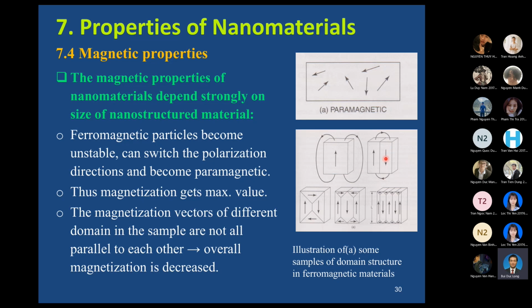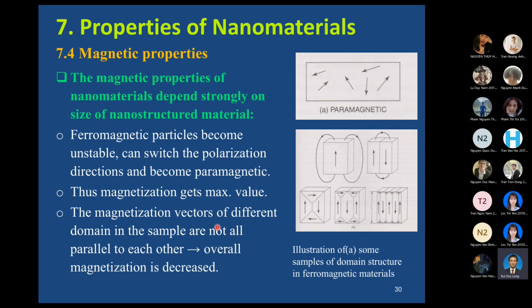So it is very difficult to change the direction at this scale, because already one magnetization vector is stored in one particle. So it is not easy to change the direction freely. That is the difference between bulk material and nanoscale material.